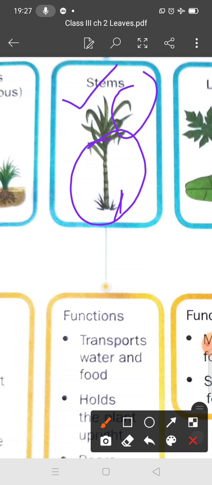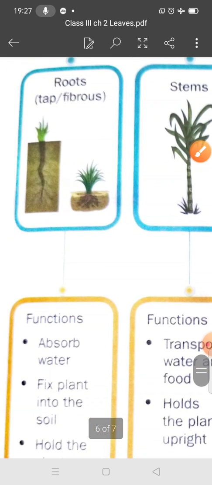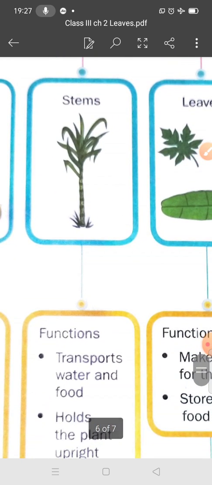If we talk about roots, they only absorb water and minerals from the soil, and what is the function of the stem? It transports the water from the roots to the leaves, and you know leaves are the kitchen of the plants, and they prepare food for the plant, and this food is transported by the stem to the different parts of the plant.